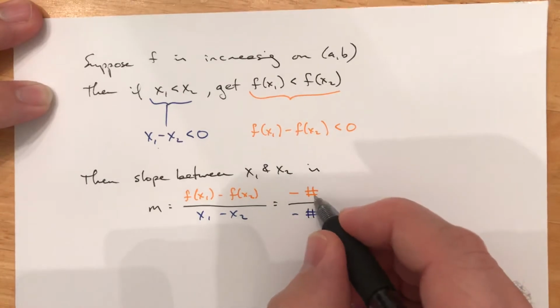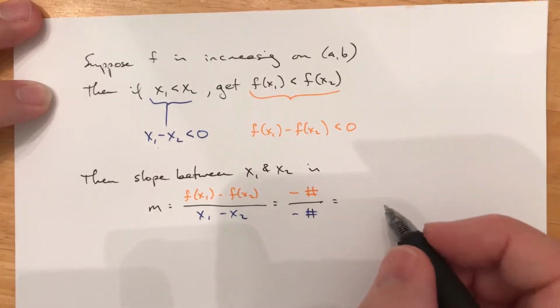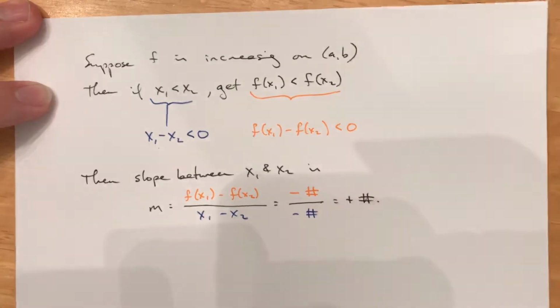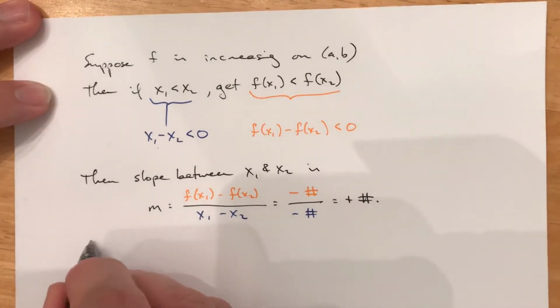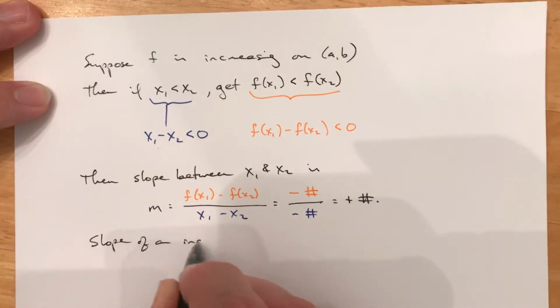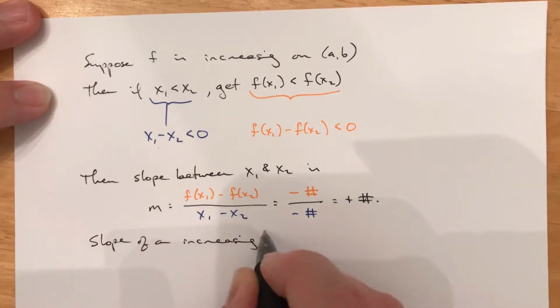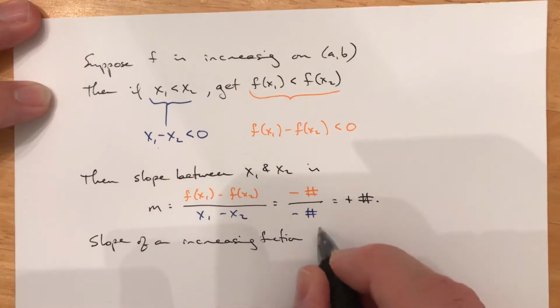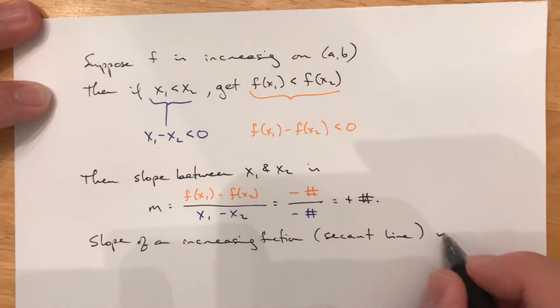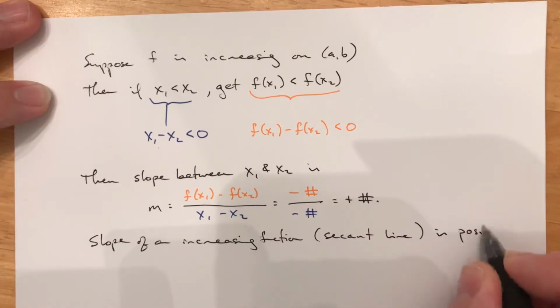And if we divide a negative number by another negative number, what kind of value do we get? Well, we get a positive number. So the slope of an increasing function, or at least the secant line, is always positive.